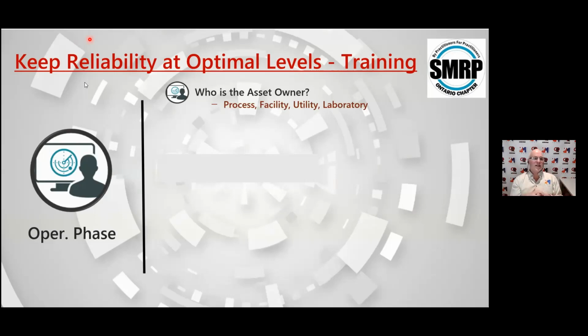Asset owners can be everywhere. You have asset owners from the process, from facilities, utilities, labs. So there are owners everywhere. And we know that the owner of the asset is the one responsible for doing many things, and also for telling us what performance level that asset has to fulfill.